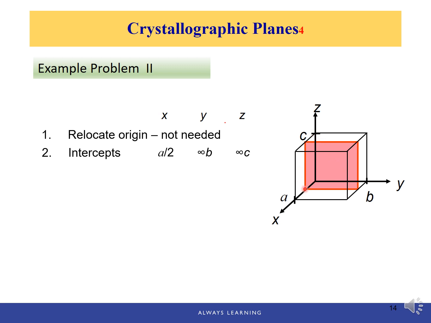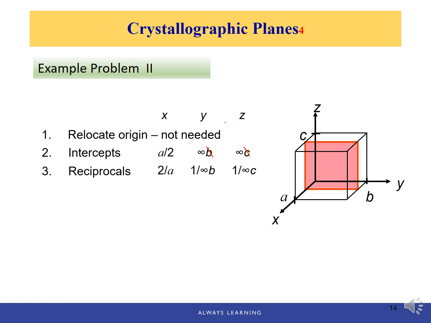So the intercept with the x-axis is in the middle of this edge, therefore it is a over 2. Since it's parallel to the y-axis, the intercept will be infinite. So here again, we don't need to write infinite times b because it's infinite, just infinite. And it's parallel to the z-axis, therefore it's infinite as well.